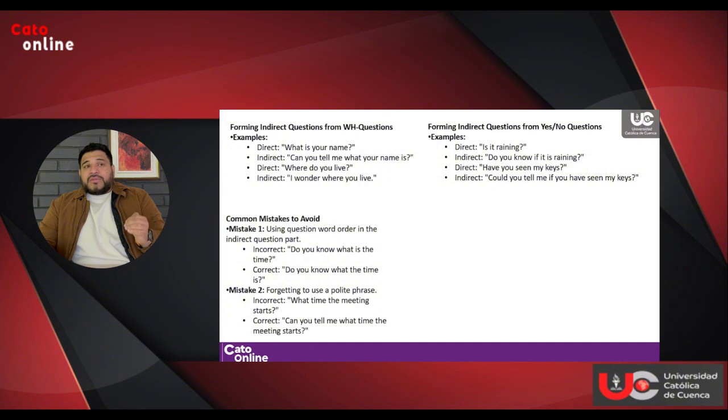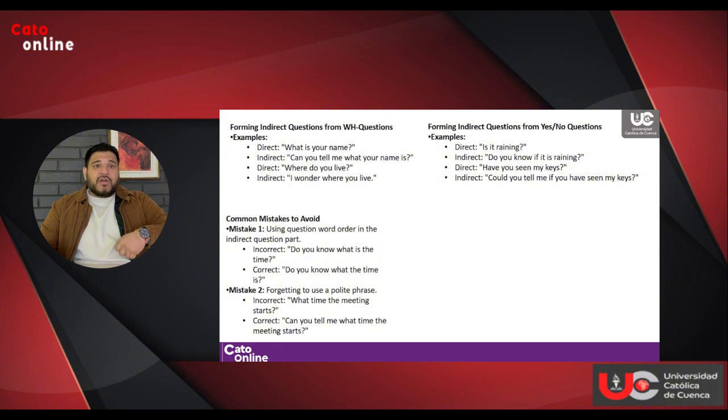There are some common mistakes that you need to avoid when you are forming indirect questions. For example, using question word order in the indirect question part. It is incorrect to say, do you know what is the time? The correct way is, do you know what the time is? As you can see, the order changed.